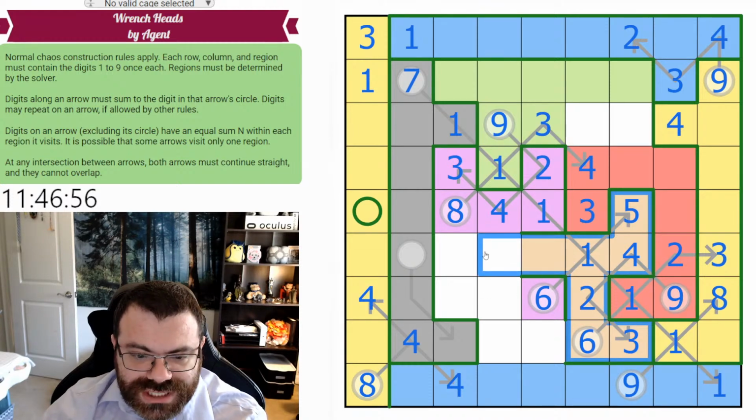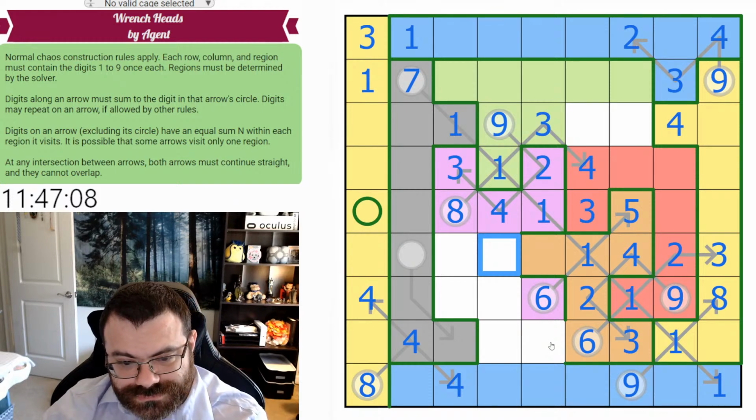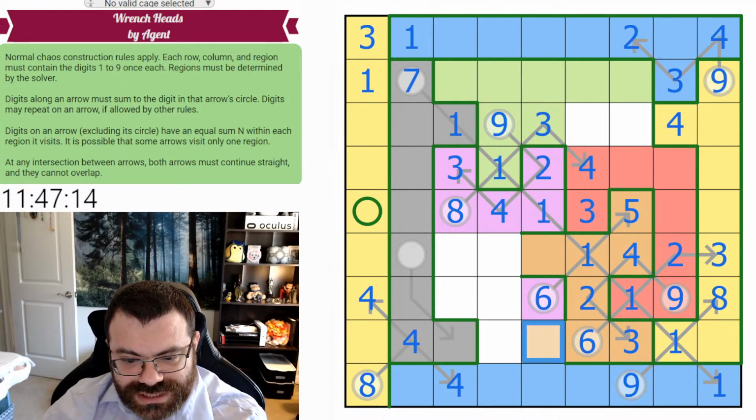Orange can only take one more from this row, where it blocks purple off. So, and it can't come down here or that blocks purple off, so orange does take this one.